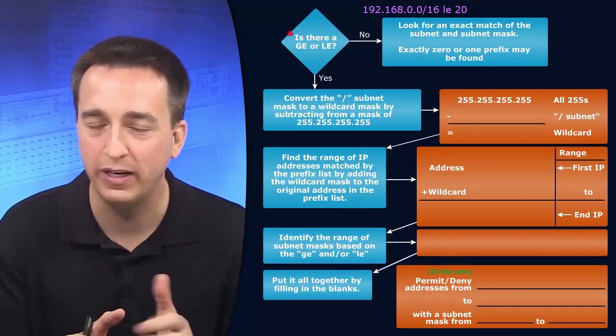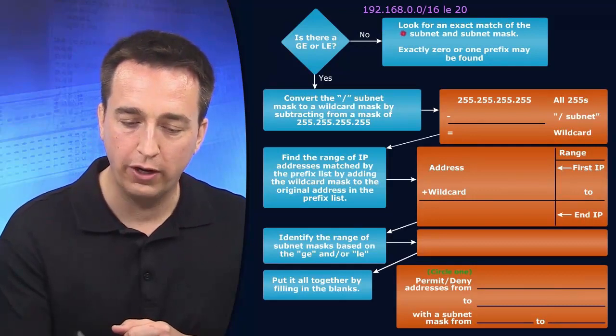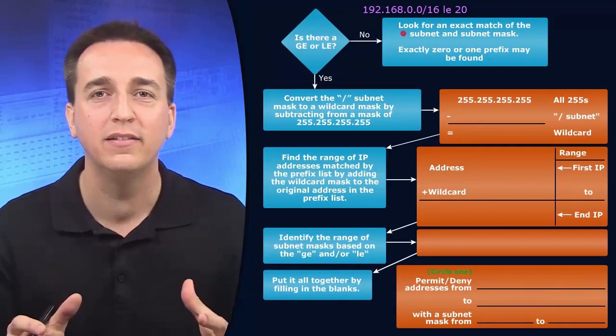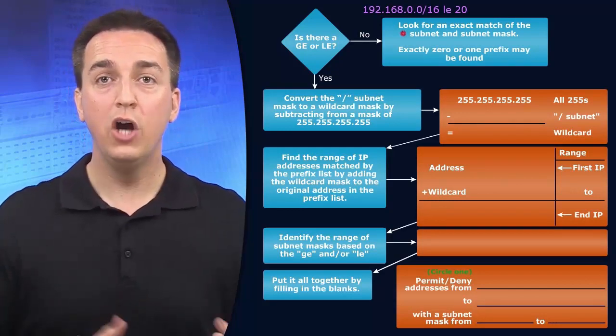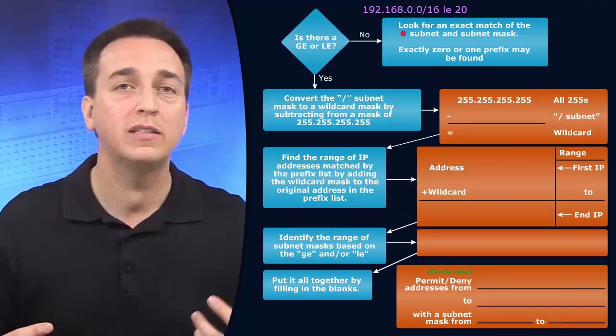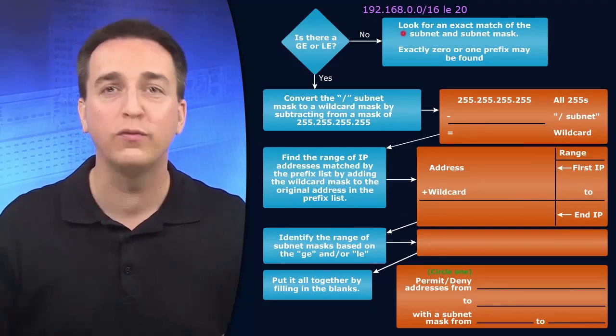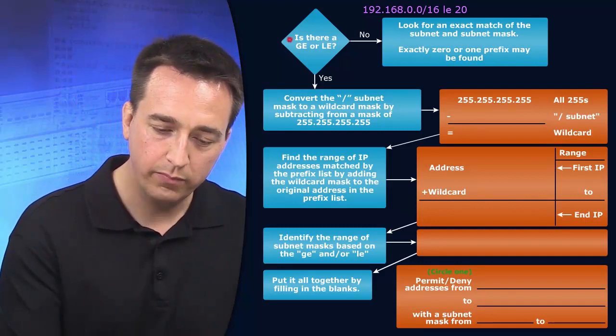And we already know what it is. If there's not, it says, look for an exact match of the subnet and subnet mask. We've already seen those examples. So that's relatively simple. If there's no GE or LE in that prefix list, you're simply looking for an exact match. But in our case, there is an LE, so it's 20.